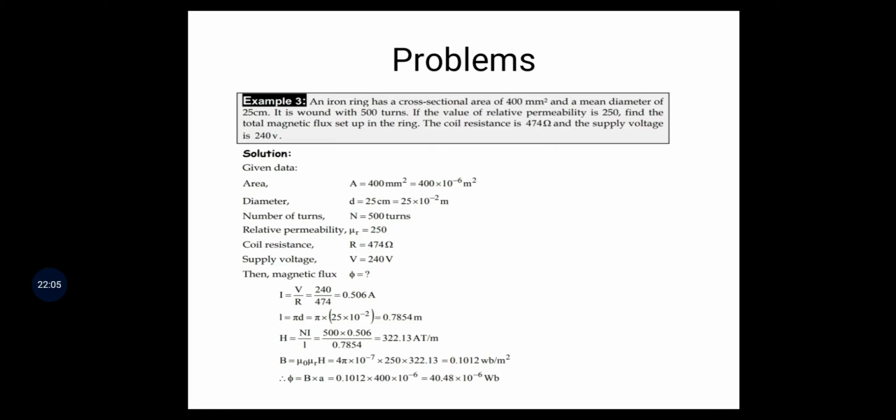If the value of relative permeability is 250, find the total magnetic flux set up in the ring. The coil resistance is 474 ohms and the supply voltage is 240 volts.